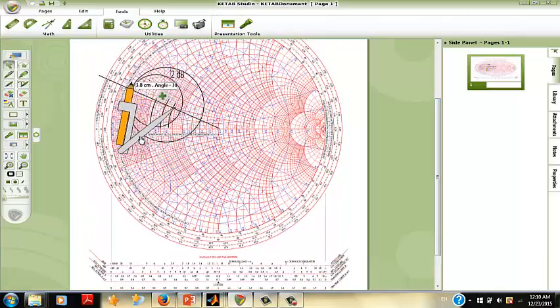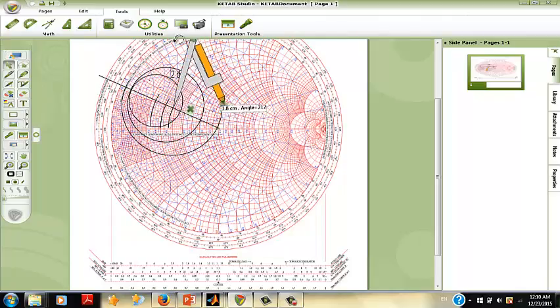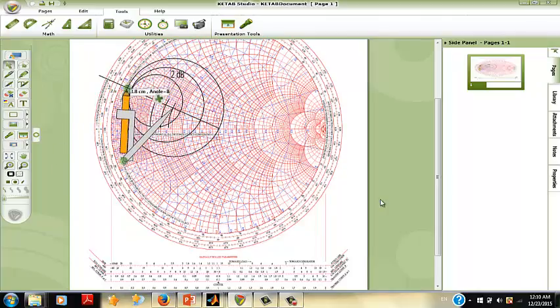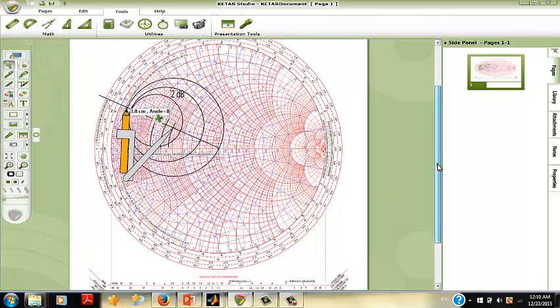The radius is the same. We do the same for 0 and minus 1 dB, and now we are done with the source.